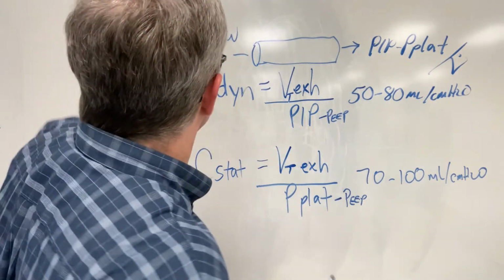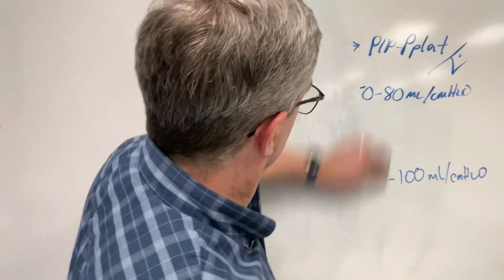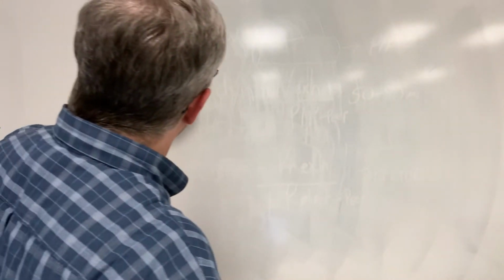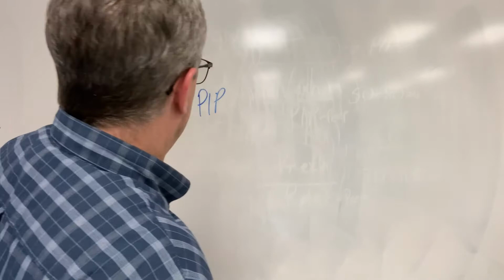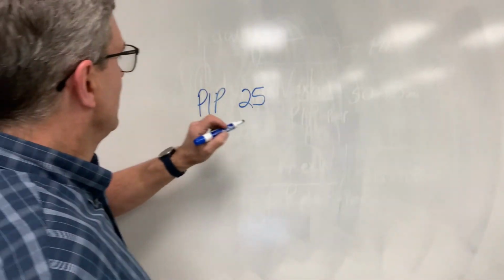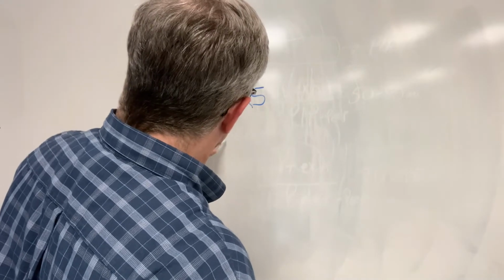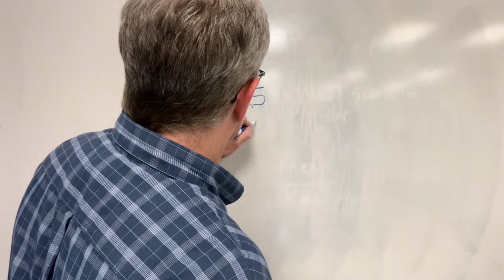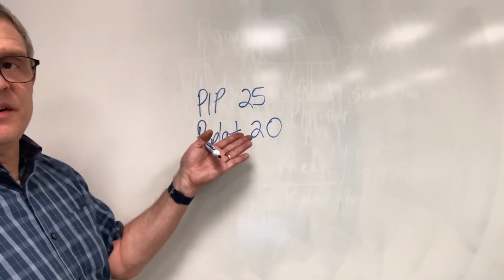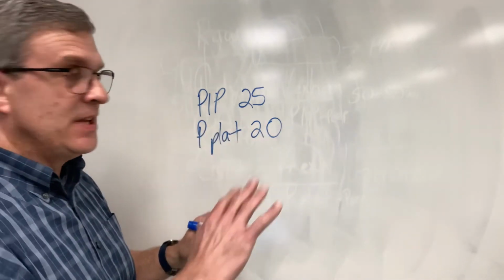So let's do one of those, just for the sake of doing some math, because we did it for compliance. So let's say our PIP is 25 and our P-plat is 20. The difference there is 5. Remember, it's PIP minus P-plat.